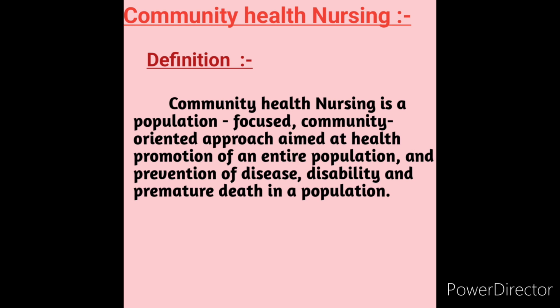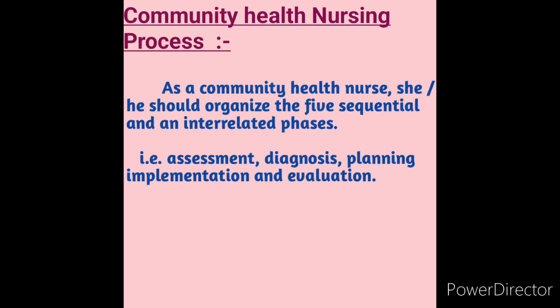Now we will see the community health nursing process. As a community health nurse, she or he should organize 5 sequential and interrelated phases. Those are assessment, diagnosis, planning, implementation and evaluation. Nothing but a care plan.